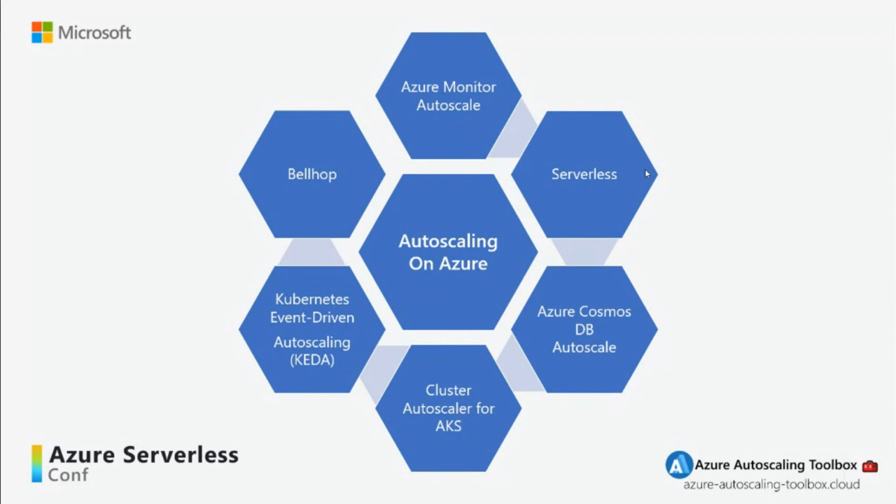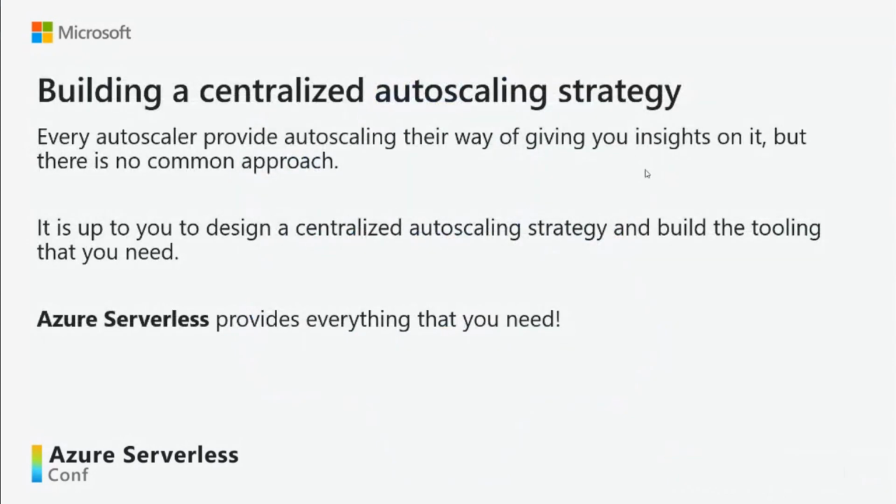But the gist of it is there is no common ground on all of these approaches. So it is up to you to define and build a centralized auto-scaling strategy for your platform if you use multiple autoscalers. This is somewhat of a tricky point, because they all have their own way of scaling, how they work, and also the insights that they provide to you.